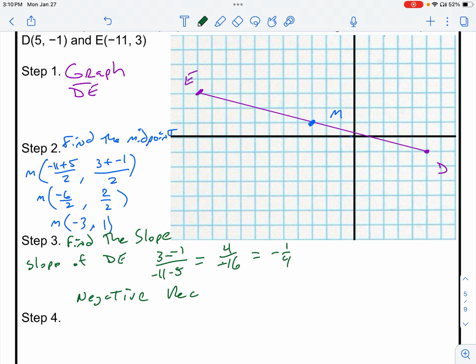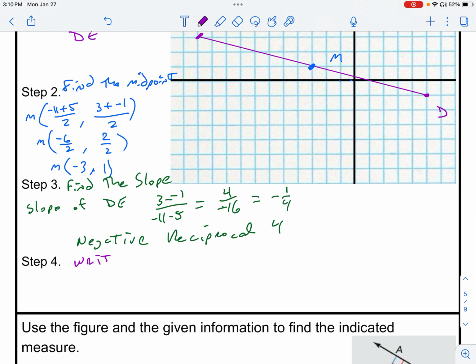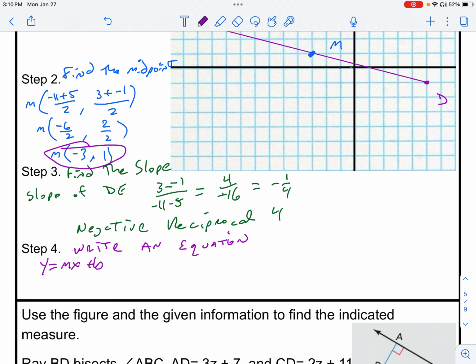And the negative reciprocal is 4. So let's write an equation. Again, we're starting with y equals mx plus b. Our y and x we're pulling out of the midpoint, and the m, we're taking that.